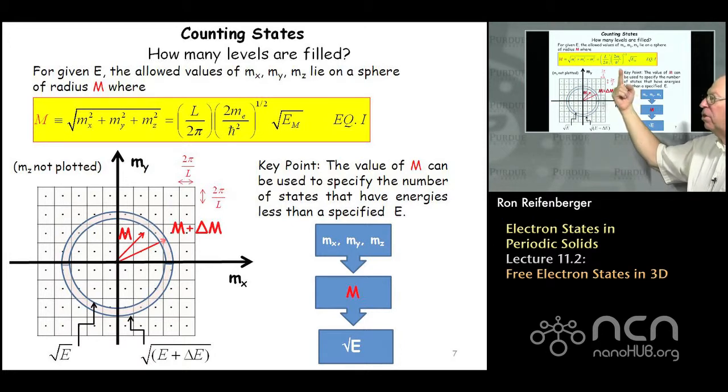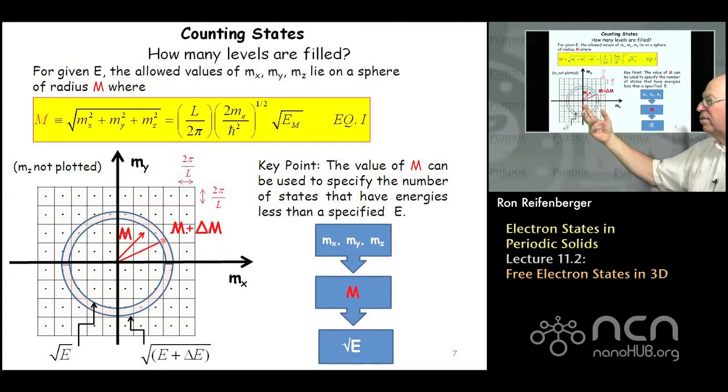And then we can start to make plots in our quantum number space. We can calculate all the electron states which have an energy less than E, right? And E is subscripted with capital M, and that's the quantum number that characterizes that particular state. So I've drawn the characteristic diagram. We've seen this 2 or 3 times already.